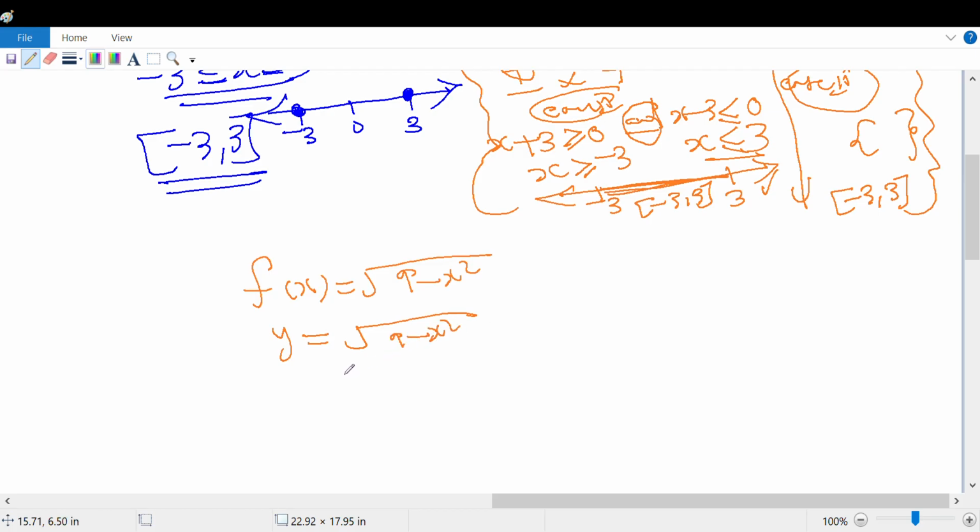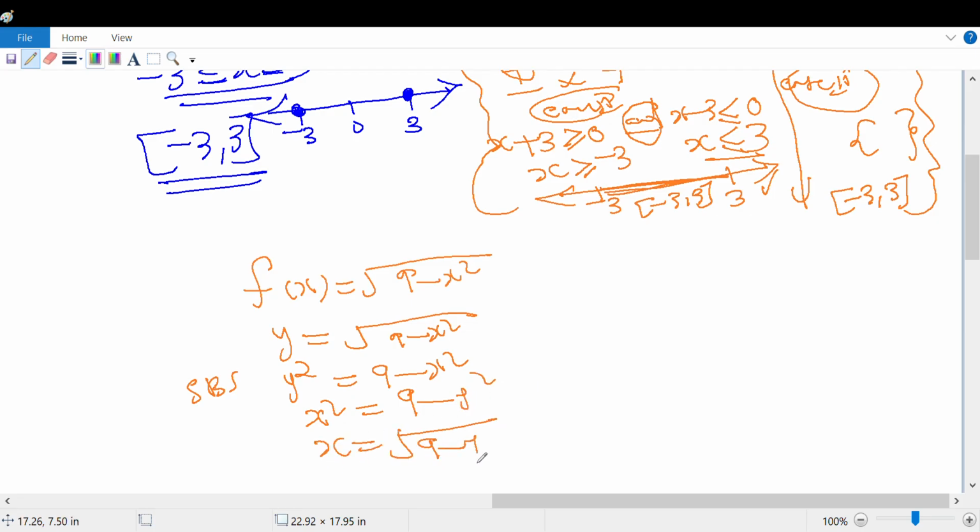If we square it on both the sides, we will get y square is equal to 9 minus x square. So x square is equal to 9 minus y square. So x is equal to square root of 9 minus y square, even plus or minus.